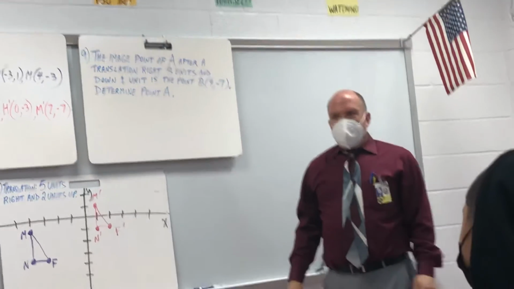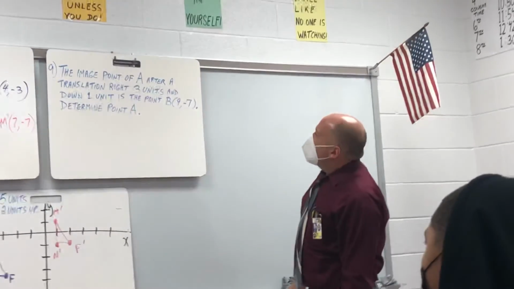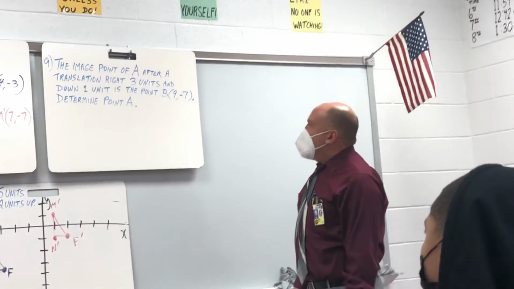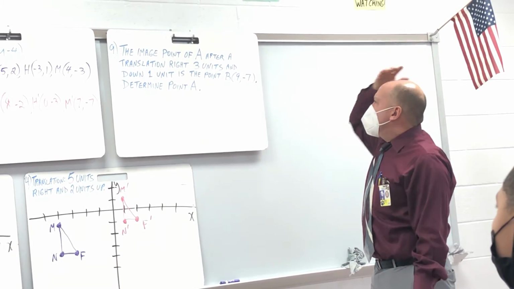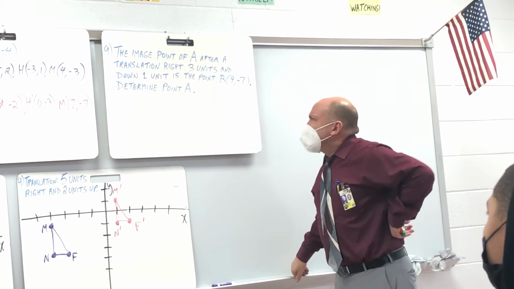You're going to see a problem like this today. The image point of A after a translation right 3 units and down 1 unit is the point B, 9, negative 7.